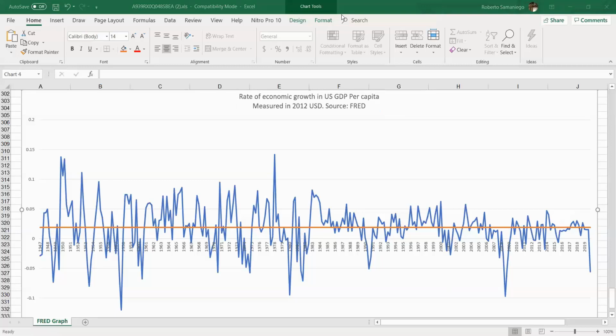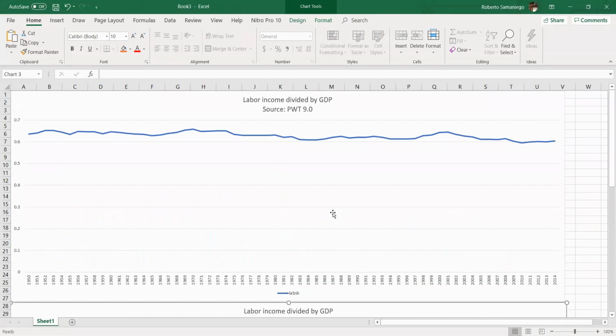A second stylized fact that we're going to build on is this one. This is the share of GDP that goes to labor. So it's labor income divided by GDP in the United States.